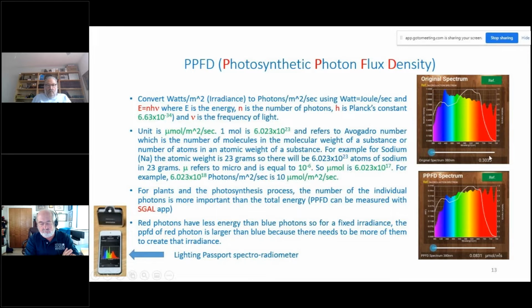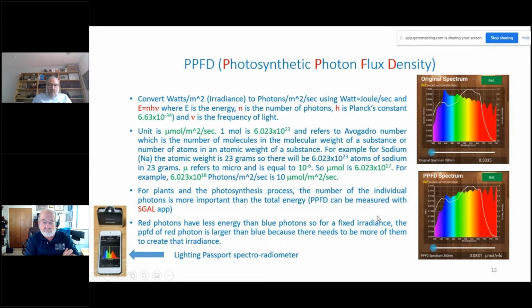Now, if you look at the spectrum, we have this software called ESCAL, this app called ESCAL, which is designed for horticultural purposes. And if you look at the radiant intensity versus wavelength, you can see in this case that blue is higher than red. But if you convert this into PPFD units, you can see the red came up and the blue went down.